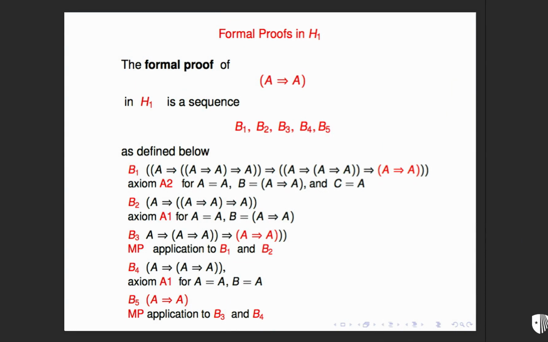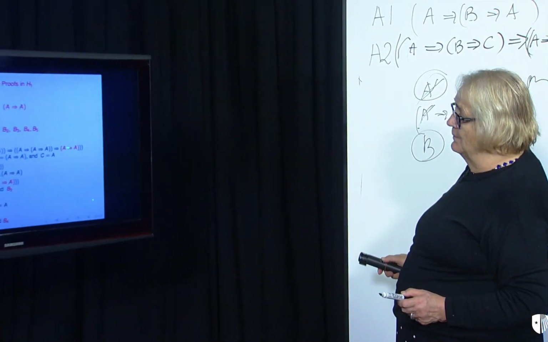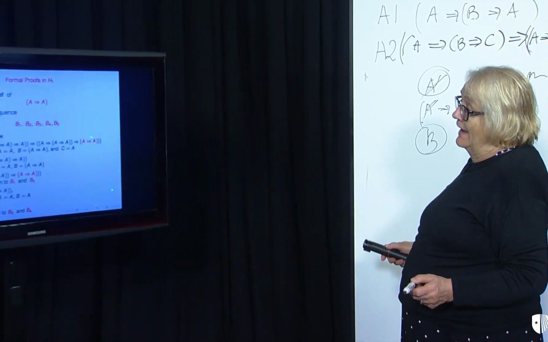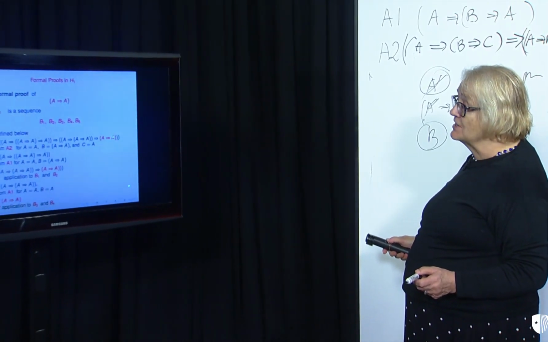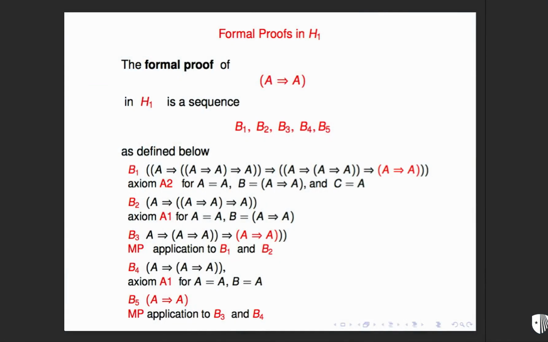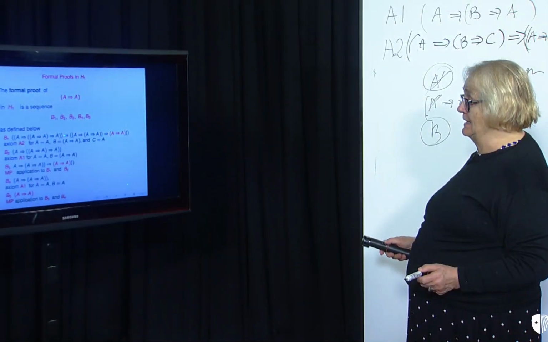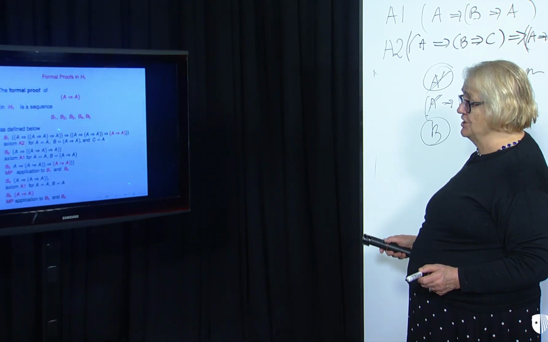So when you look here, my goal is to cut by modus ponens whatever I have, that's why I put it in red, to at the end get only A implies A. So here I have an axiom. Now, you can see the main connective is implication.